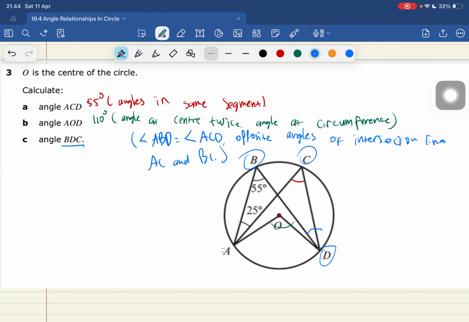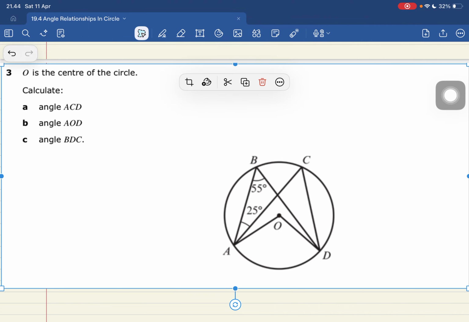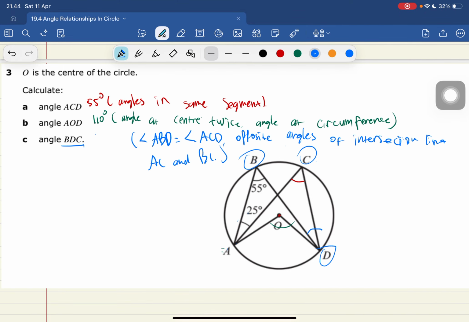So if this is 25, here is also going to be 25. Let's write 25 degrees.